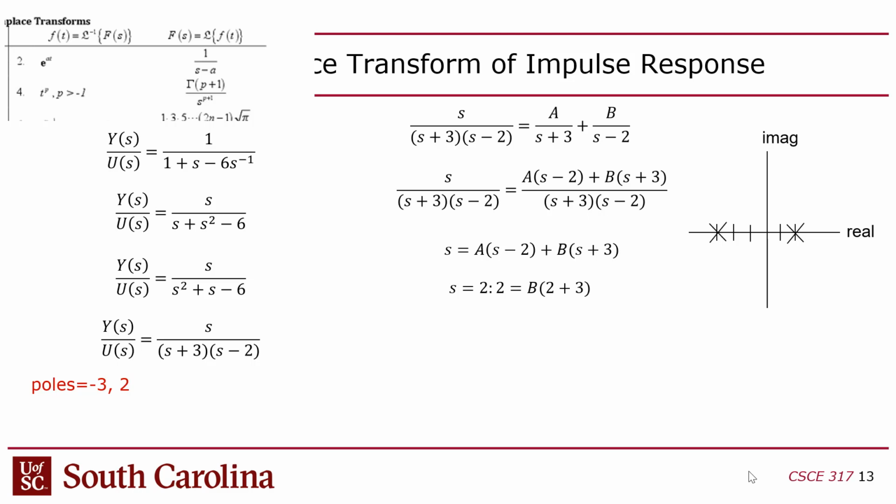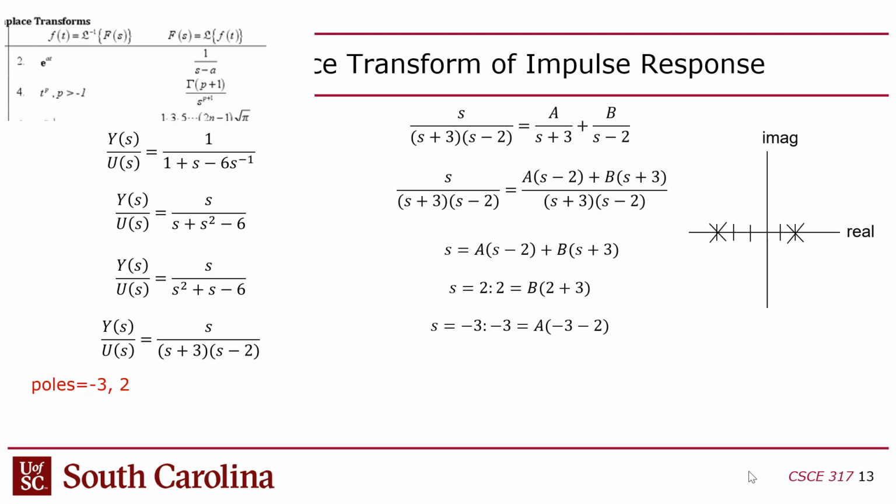And the s we said was 2, so you end up with one equation with one unknown, b. You guys with me? So you look at the case where s is 2, and that eliminates the a, and you just end up with b, right?